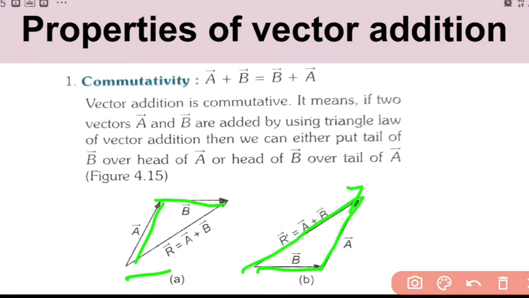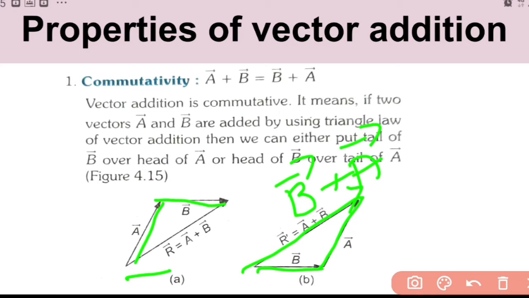So that's vector B plus A. You make the correction there: R dash is equal to vector B plus vector A. It's printed as vector A plus vector B, so you have to write vector B plus vector A.